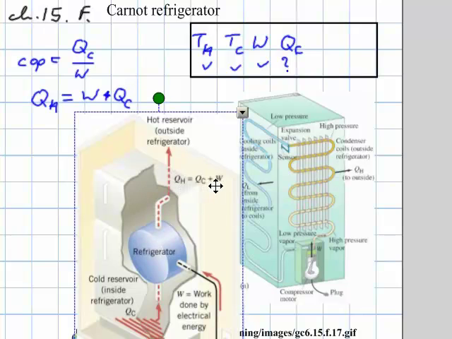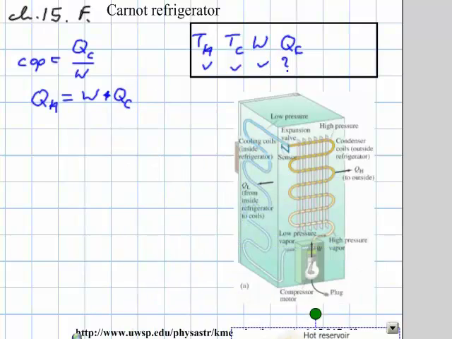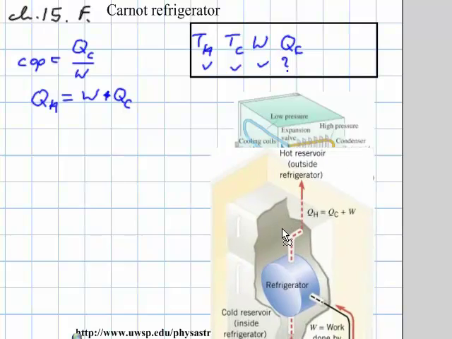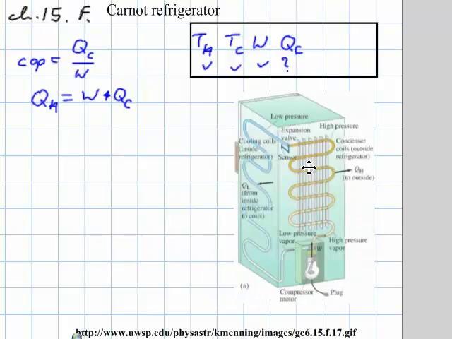And here you have it, QH equals QC plus W. And of course this diagram here is of some kind of refrigerator, something I found on the internet, the way a refrigerator looks in cross-section, the principle of it. This one here is really a schematic of it, and this one here is a little bit more detailed. Okay, still, this one here has two unknowns.